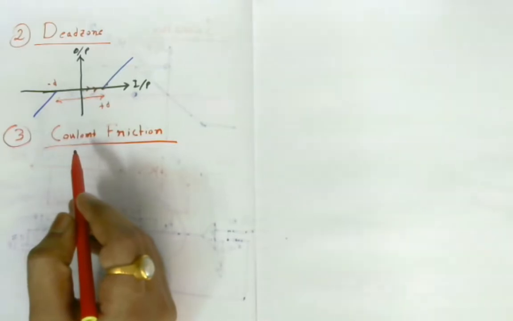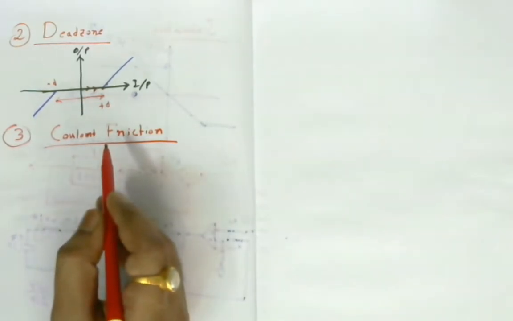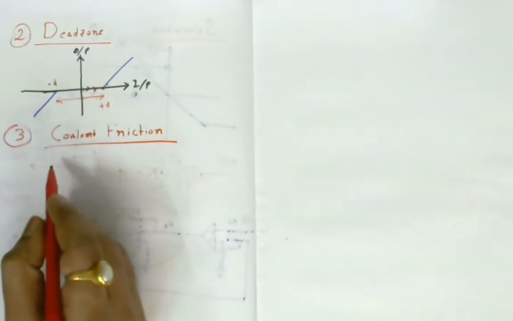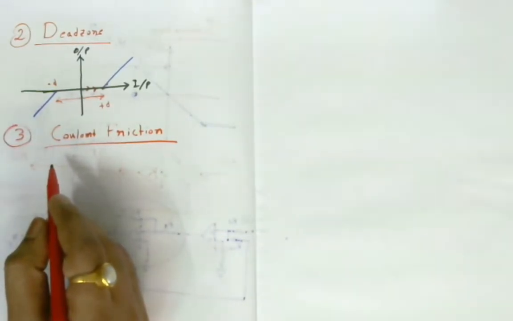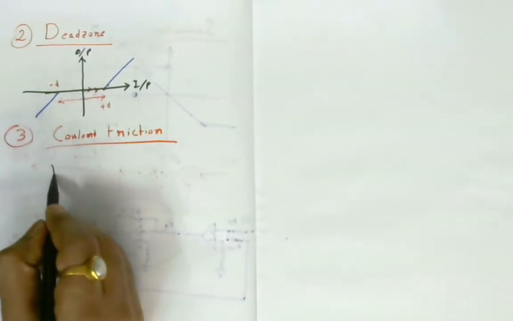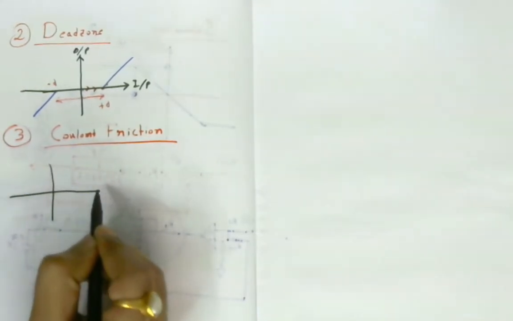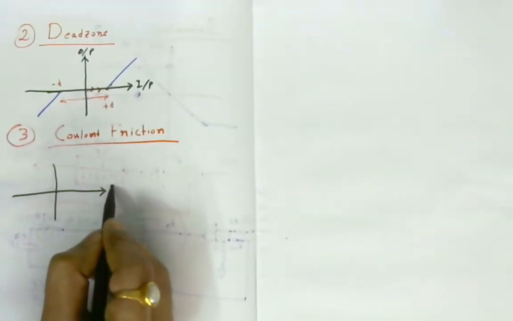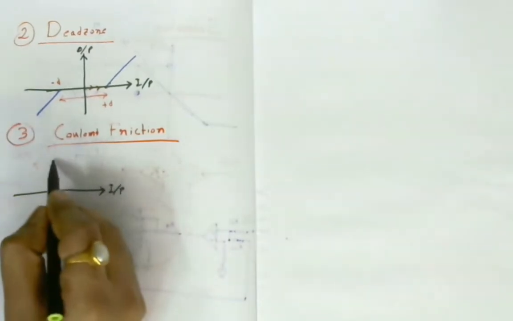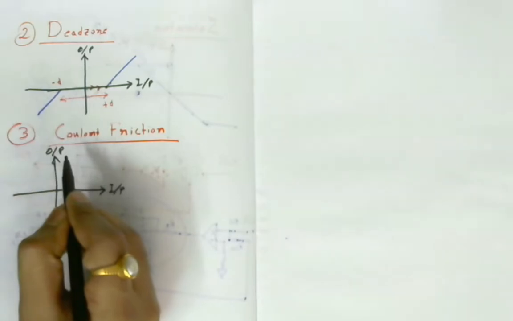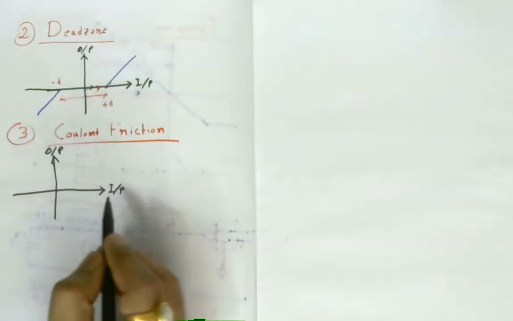Whenever I draw the different types of nonlinearity, or the characteristic curve, I must first draw the input-output axes.